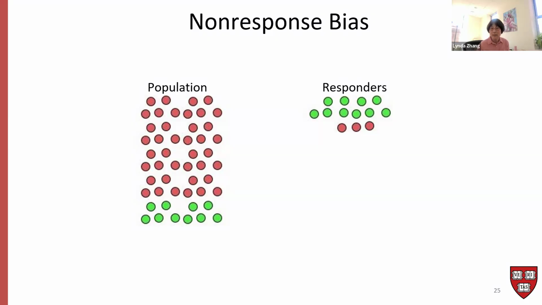This pattern can severely distort your overall findings when the characteristics that relate to non-response relate to your survey questions, like technical expertise, which is related to the group who respond or not.